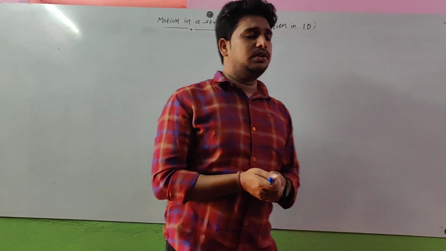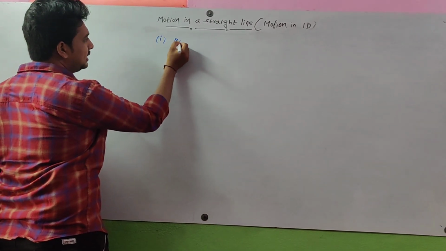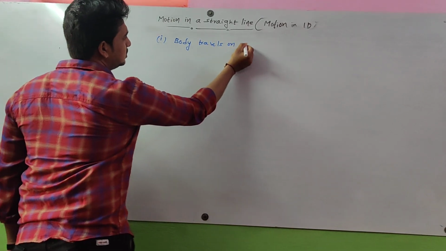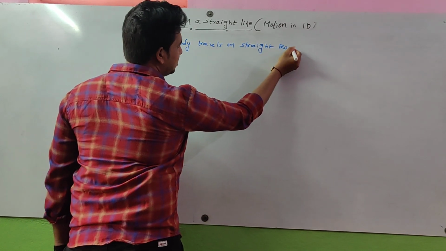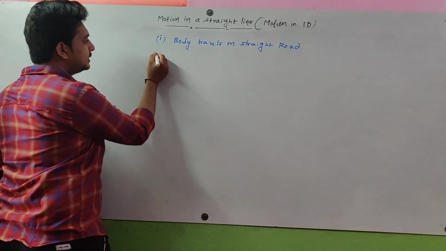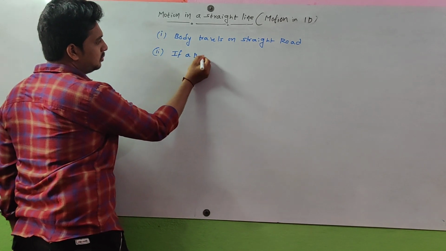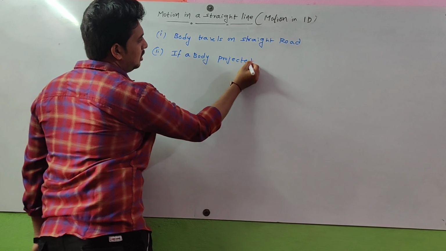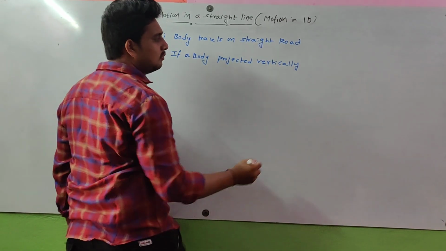So the first one, motion in one dimension, means a body travels on a straight road. This is an example for motion in a straight line. The second one is if a body is projected vertically upwards.